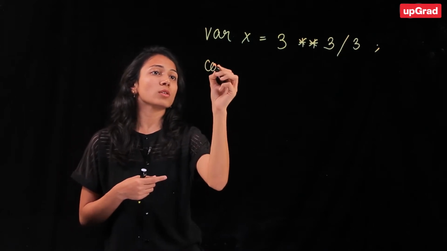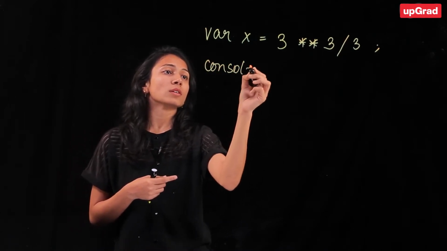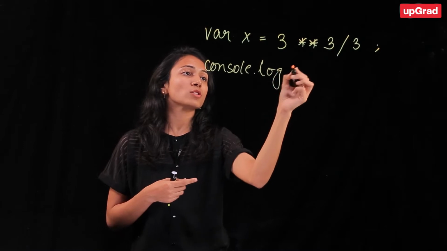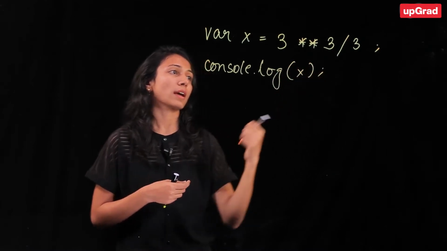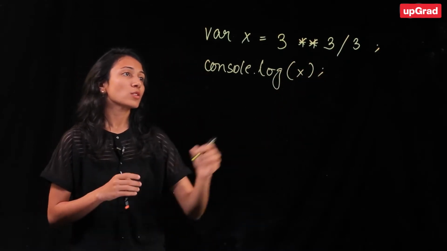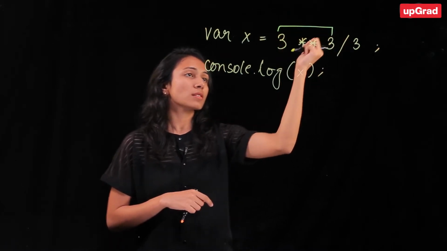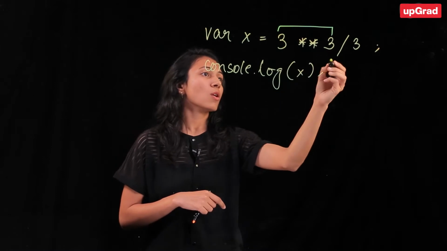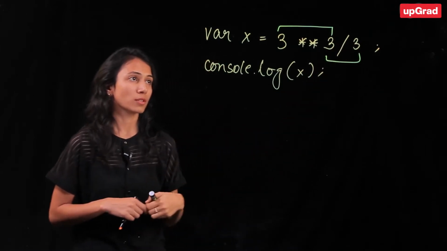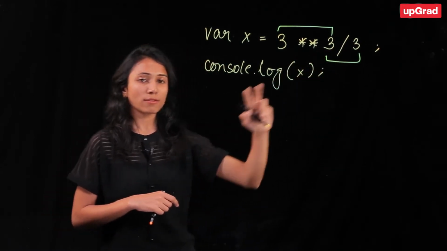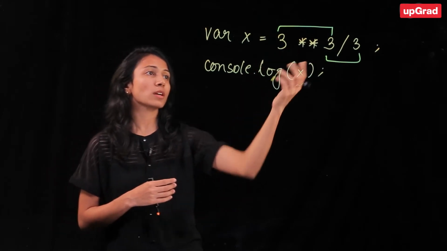Let's also write a print statement which logs the value of x to the console. There are two possibilities: the translator might perceive this to be executed first or that one. Let's see if the outputs vary in both cases.